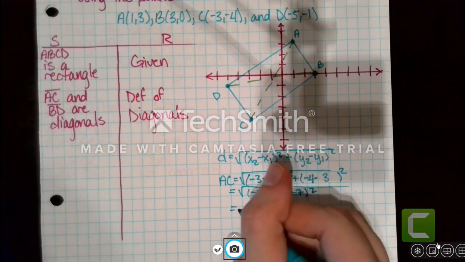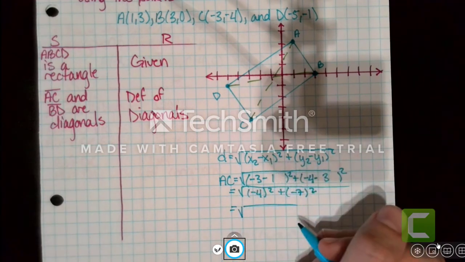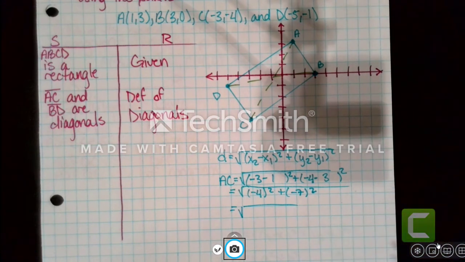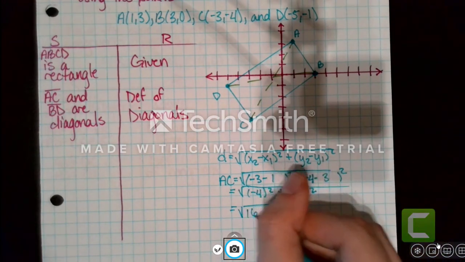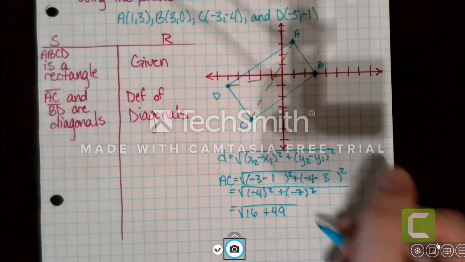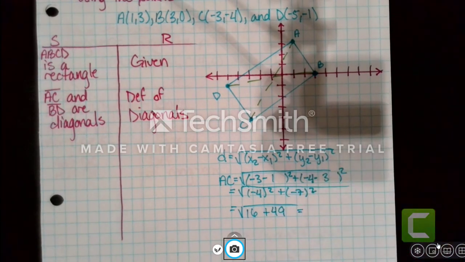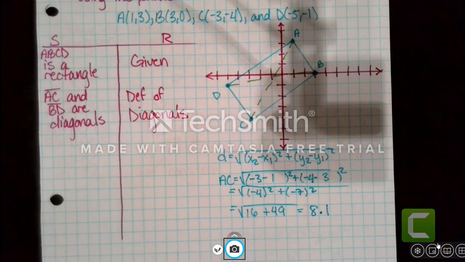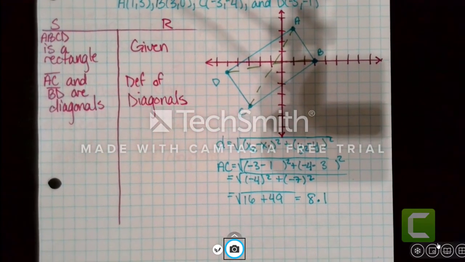So we will get the square root of 16 plus 49. And if I were to solve that, that gets us a value of about 8.1 for its measurement.